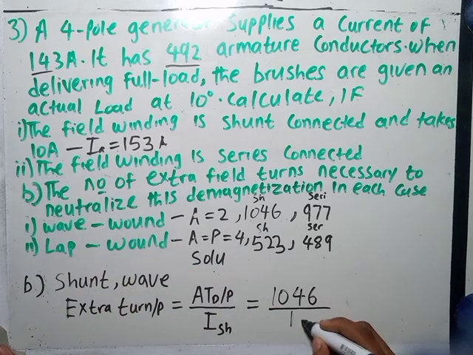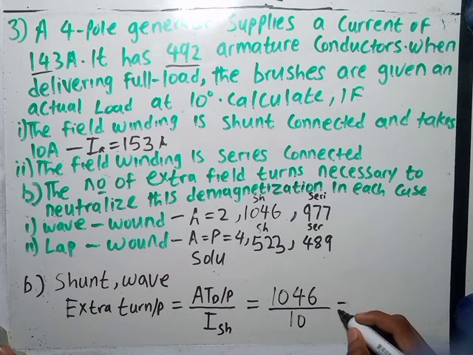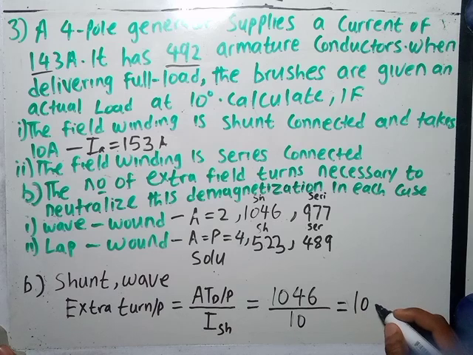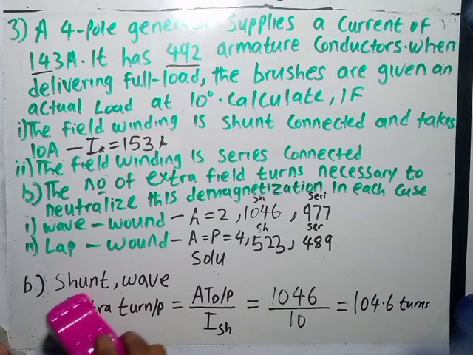This is it. Now dividing, you will have that your answer is 104.6 turns. So that's for the first case, shunt wave.